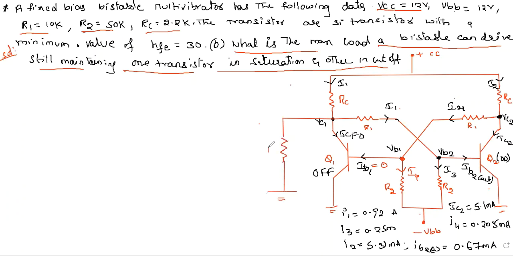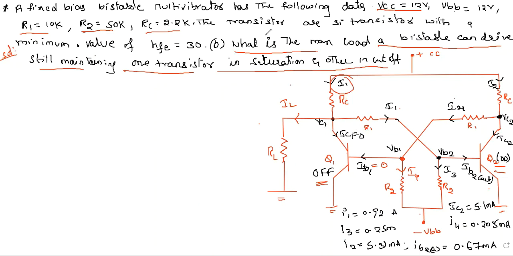Let us consider a load resistor RL, and let us consider the current entering into it to be IL. Now my question is, what is the maximum load this bistable multivibrator can drive without changing those states? Before attaching this load, the complete I1 is flowing to R1 because IC1 is 0.